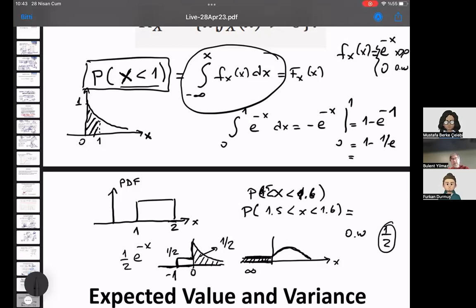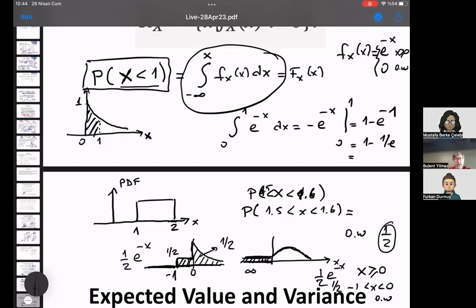I cannot say otherwise everything, right? Because then the area under the curve might converge to infinity. That's the risk over there. But I can have something like that. For x greater than or equal to 0, e to the power minus x times 1/2, and between minus 1 and 0, it may be 1/2. Otherwise, that means less than minus 1, it should be 0.